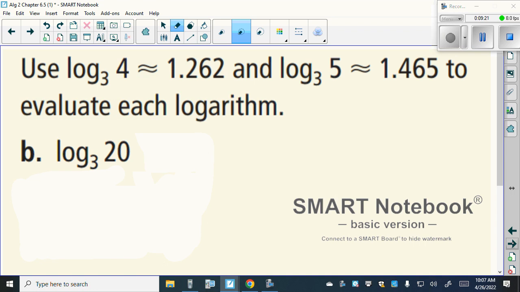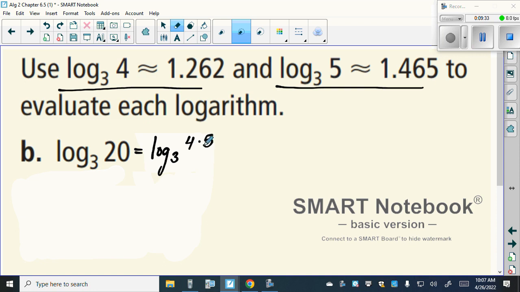Log base 3 of 20. Since we're not typing it into the calculator and they only gave us one for 4 and one for 5, well, I could rewrite 20 as 4 times 5. And our product property states that we can rewrite these as the sum of 2 logs.